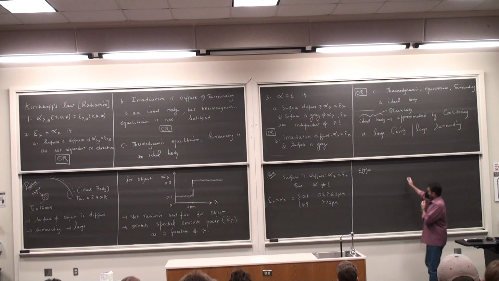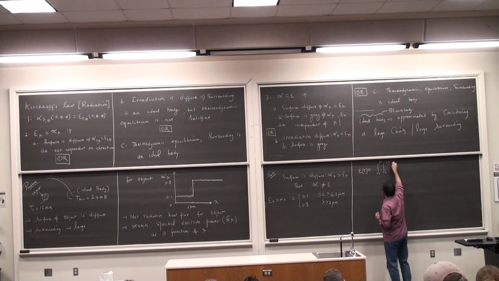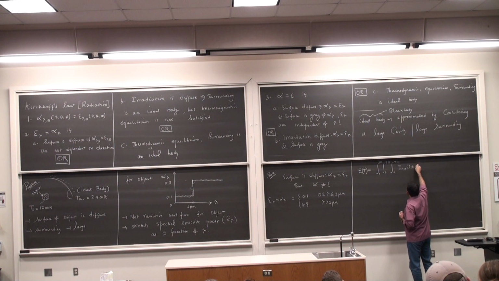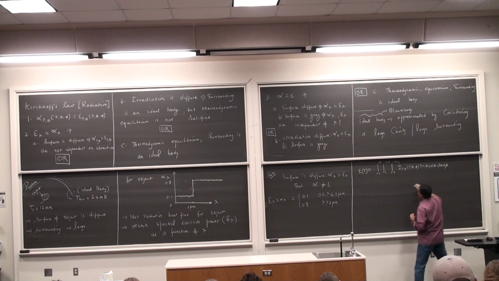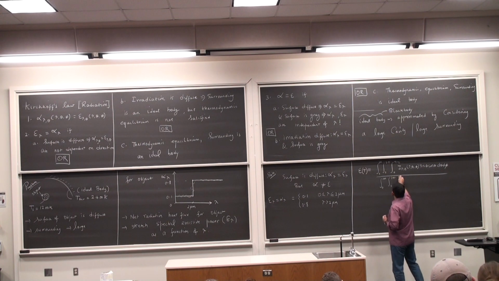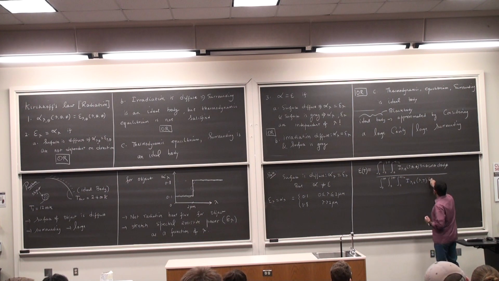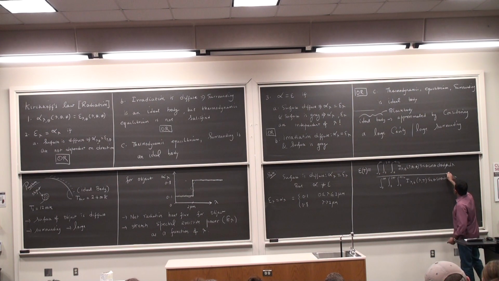By definition, this is the formula: integral from 0 to infinity, 0 to 2 pi, 0 to pi by 2, of lambda comma e, sin theta, cos theta, d theta d phi, over the integral with lambda comma b, d lambda, cos theta. This is a standard expression that we've used multiple times.